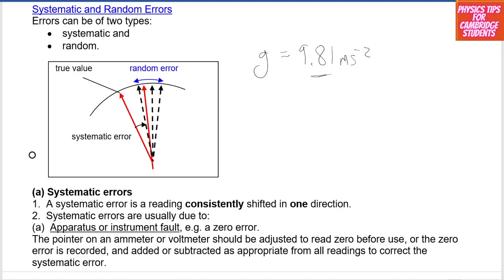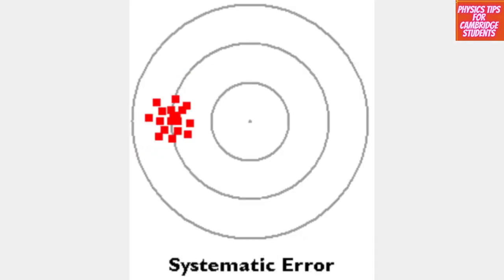So we are going to start off by looking at systematic errors. Like I said, in systematic errors, the values do have a constant deviation from the true value. As you can see, the true value is right at the center of the circle, and then you tend to have values scattered on one position, that is they have a constant deviation from the true value which is at the center.